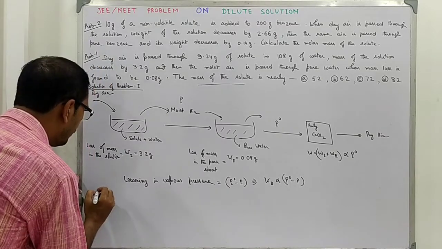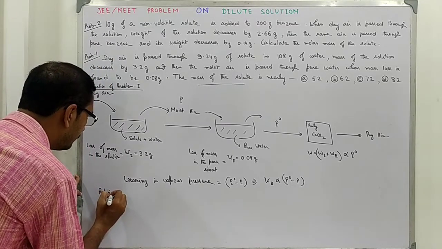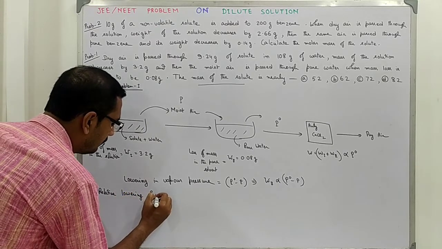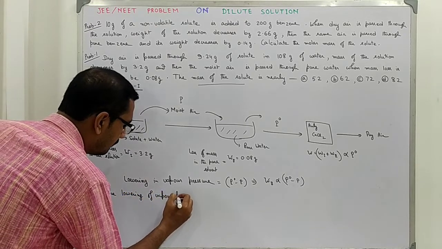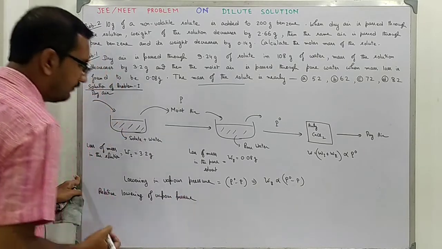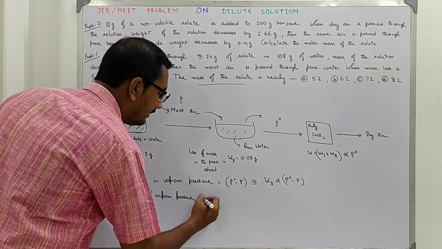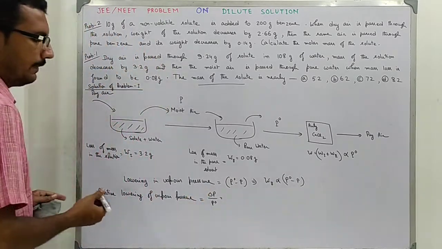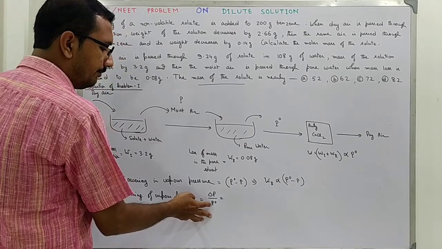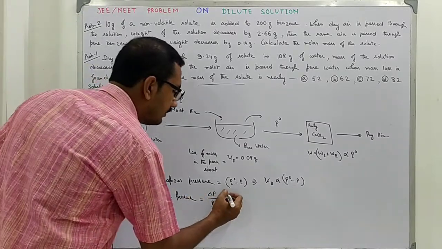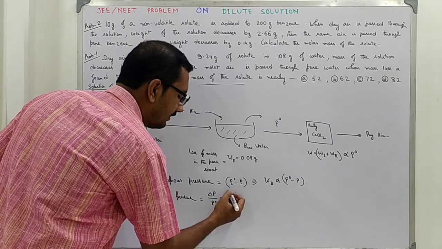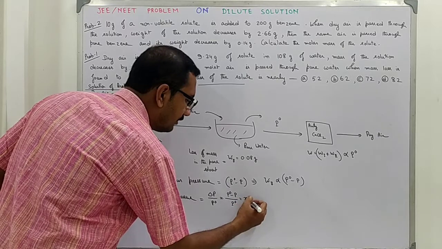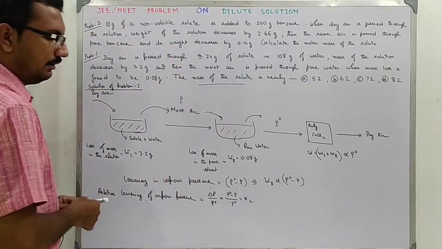Now the relative lowering of vapor pressure is a colligative property, and it is defined as delta P upon P0, that is lowering of vapor pressure relative to the vapor pressure of the pure solvent. So it is P0 minus P, the lowering of vapor pressure, upon P0, and it is found to be equal to the mole fraction of the solute present in the solution.